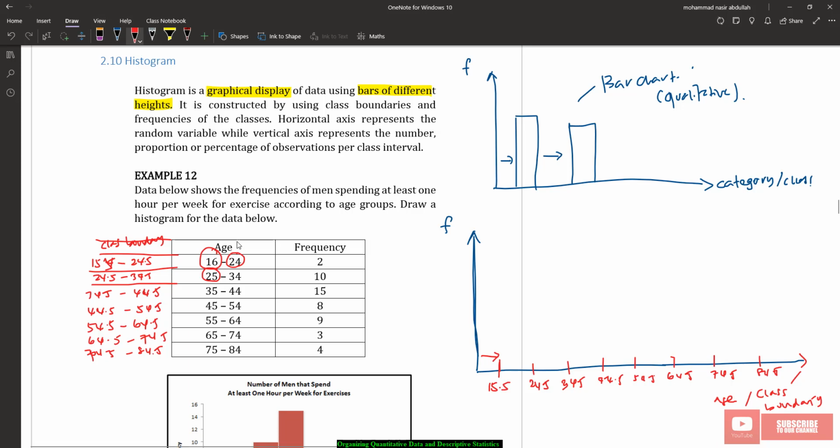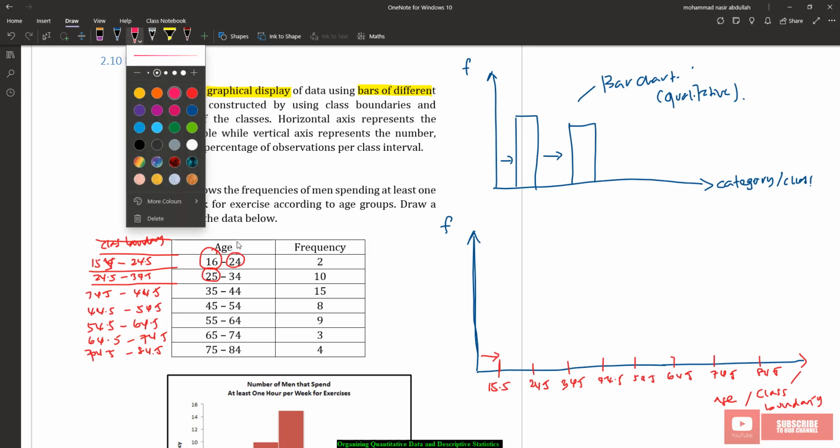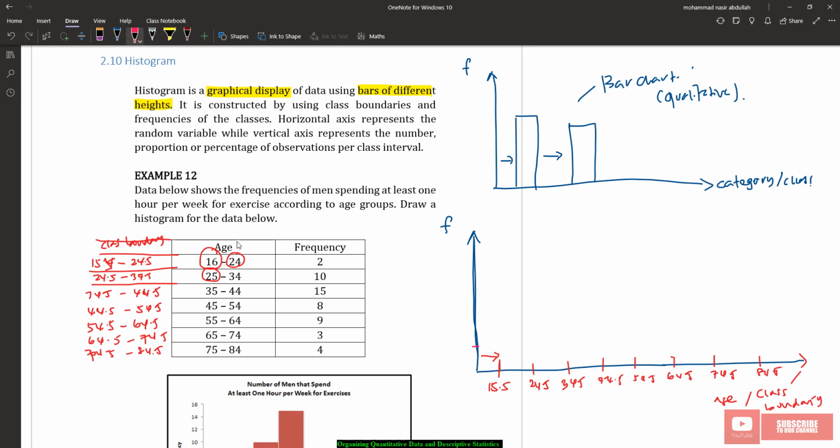So the first bar will represent the frequency. So let's say this is 2, 4, 6, 8, 10, 12, let's say until the top.